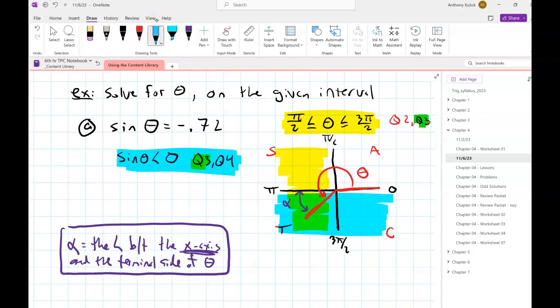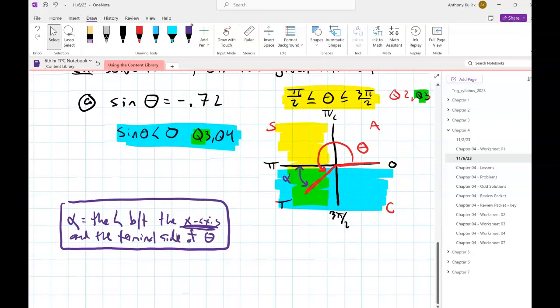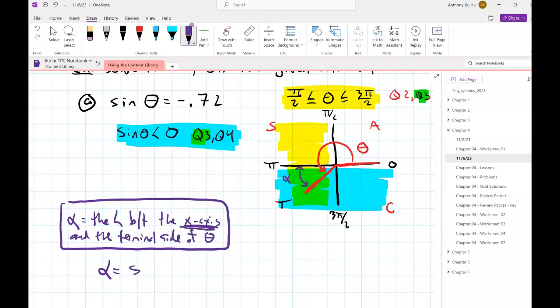So you see where I've drawn in the alpha between the terminal side and the x-axis, right? The way that we're going to calculate alpha in this problem is going to be sine inverse of the absolute value, I should say, let's do this, the absolute value of sine inverse negative 0.72.